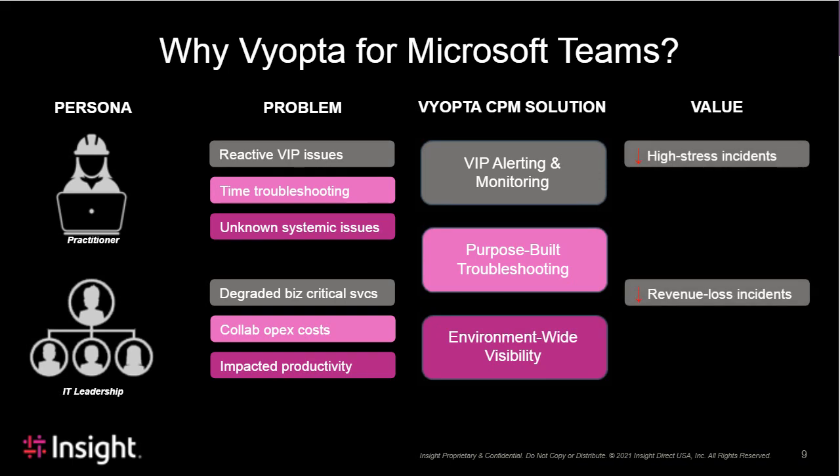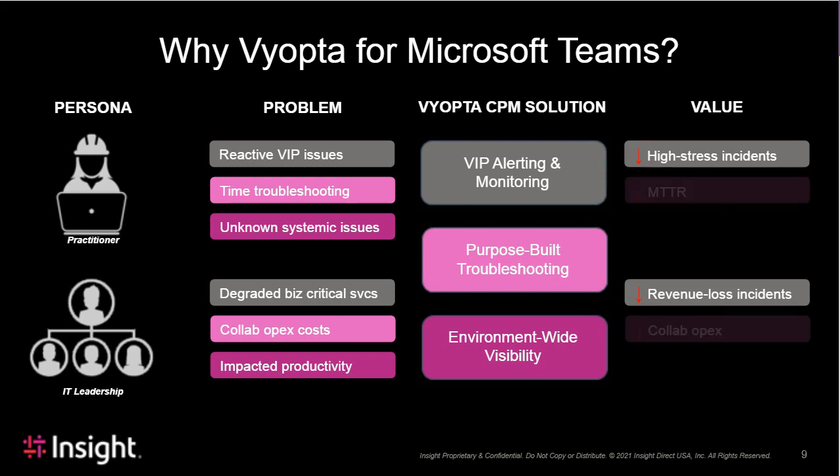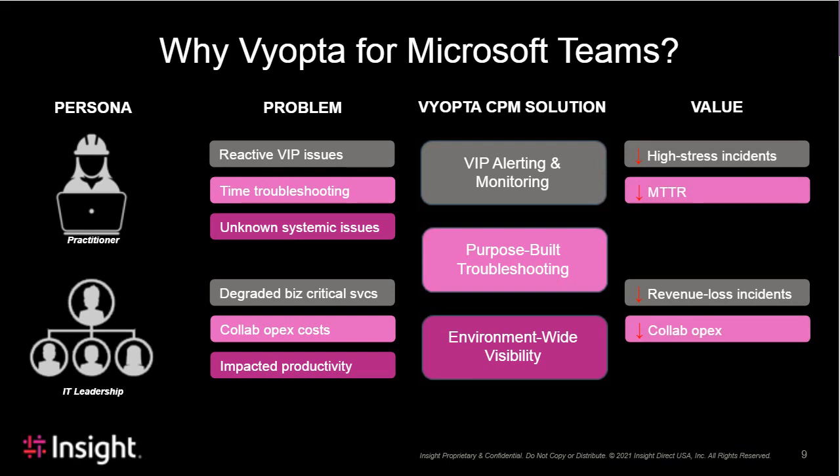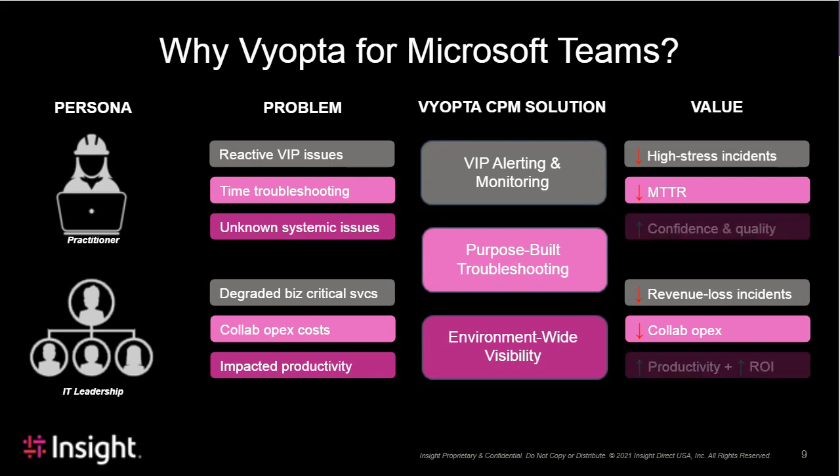So what does this mean across the board? As a practitioner, you're getting fewer high-stress incidents. From a leadership perspective, you're getting fewer revenue loss incidents. From those stressful times troubleshooting, you're lowering the mean time to resolution. You do that over time, that's less collab OpEx. And ultimately, if you're figuring out those systemic issues, you're increasing your confidence and the quality of what you're delivering as a practitioner.